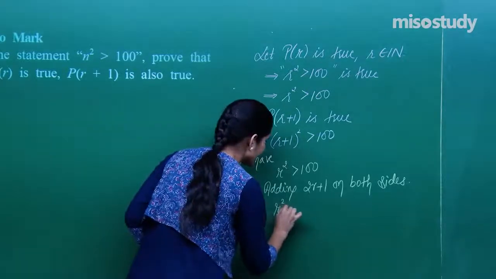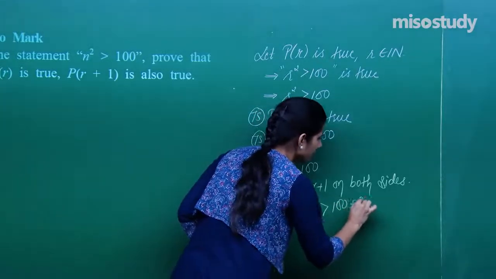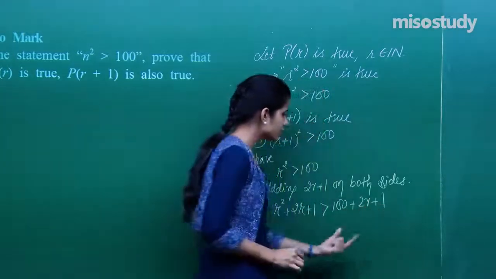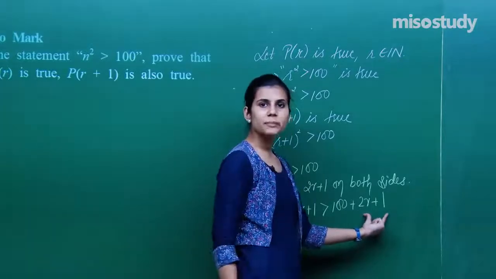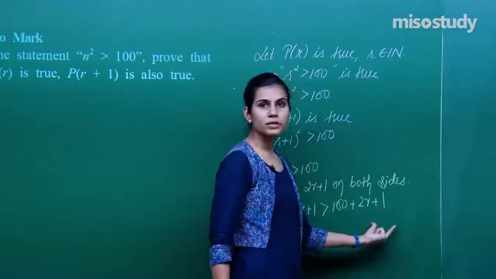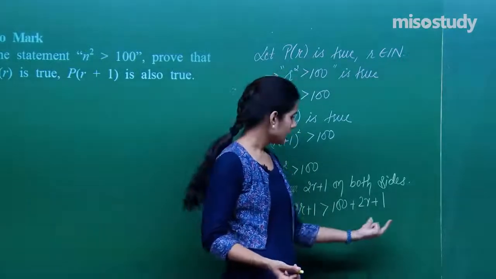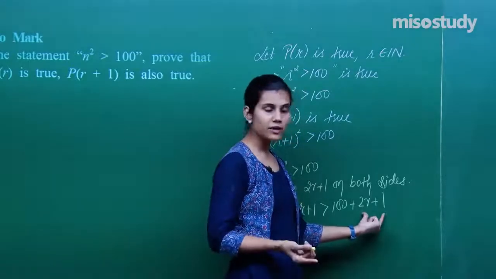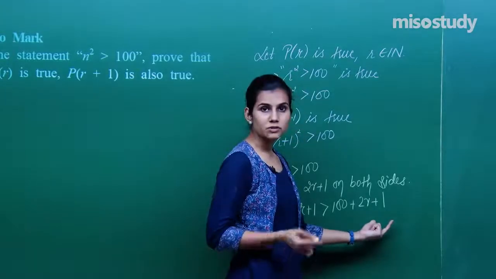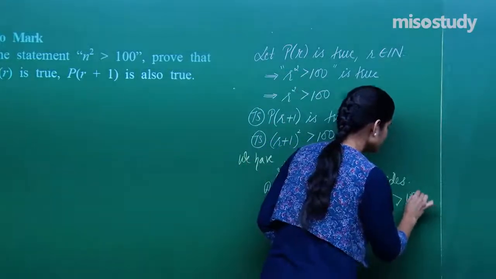So if I do that, I get r square plus 2r plus 1 is greater than 100 plus 2r plus 1. As I just said, 2r plus 1 is a natural number greater than 1 because r is a natural number. So 100 plus 2r plus 1 is a natural number strictly greater than 100. If this 2r plus 1 is greater than 1, then 100 plus 2r plus 1 is obviously greater than 100.